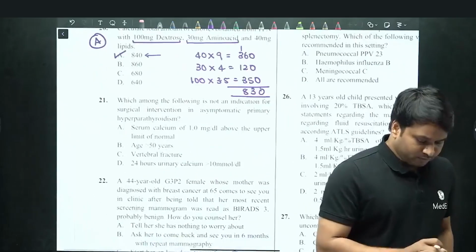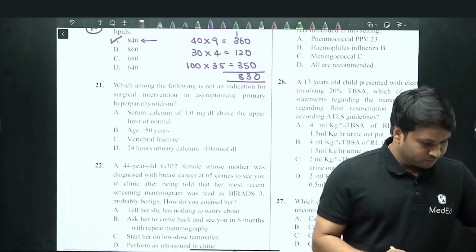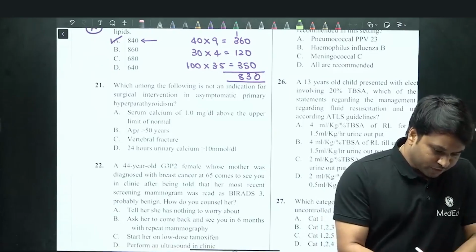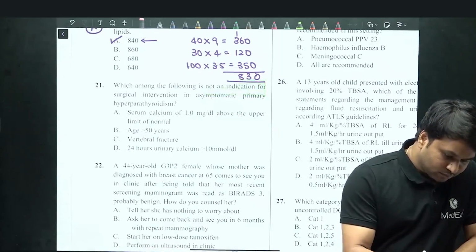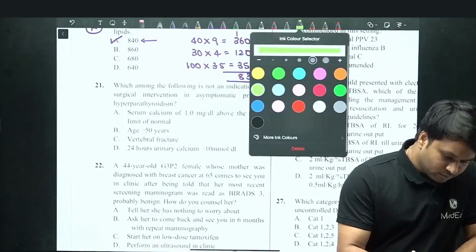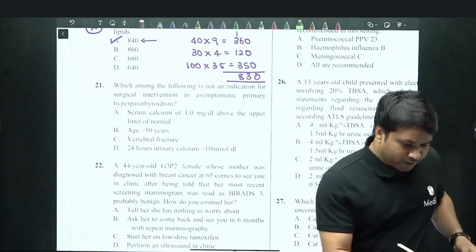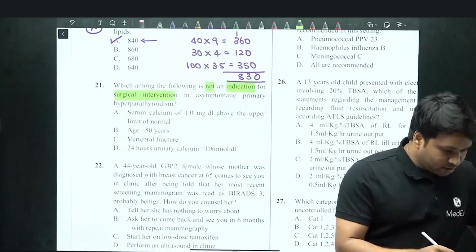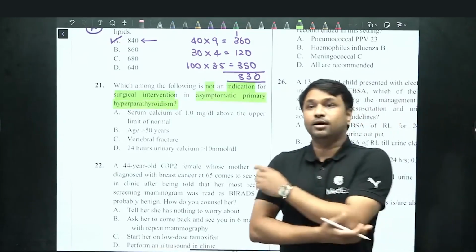Now, let's continue. Question number 21. In question number 21, we have, which of the following is not an indication for surgical intervention in an asymptomatic primary hyperparathyroidism?